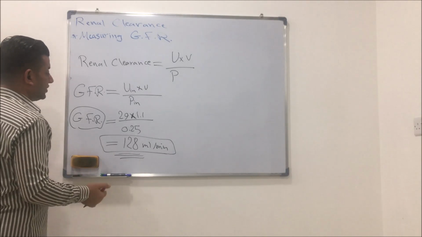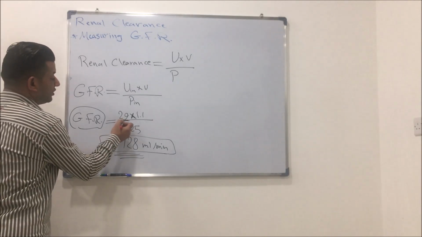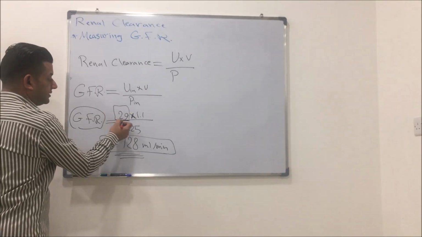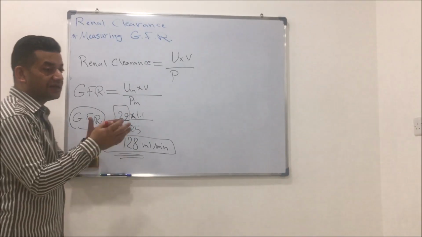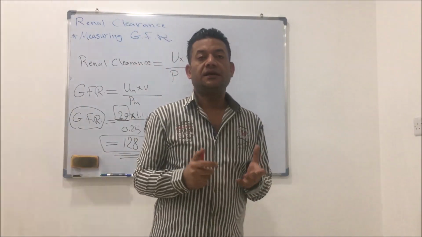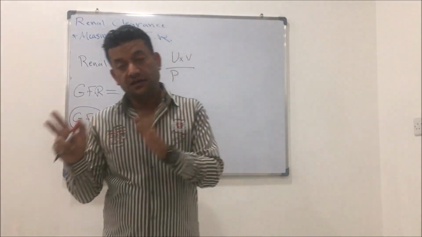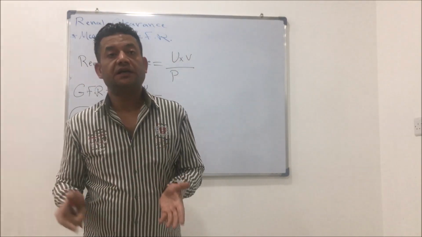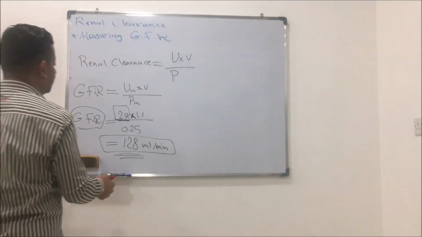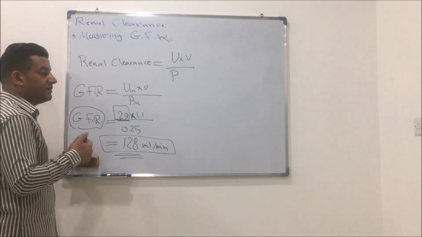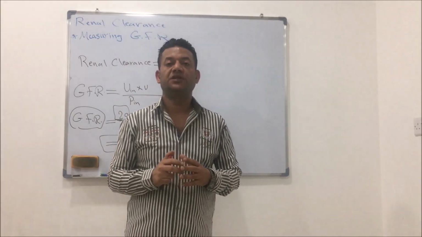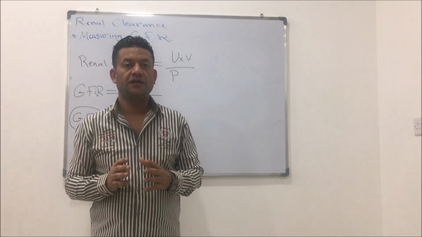For example, if the concentration of inulin in urine is greater or lesser than this value, that means inulin is either excreted by renal tubules or reabsorbed due to a defect in the renal system. And here this explains the abnormal GFR. That's all for measuring the GFR.